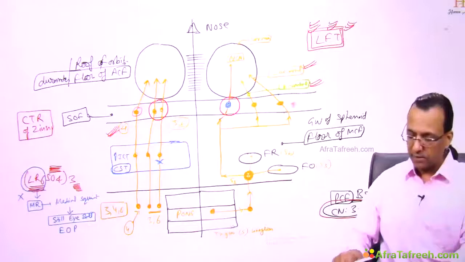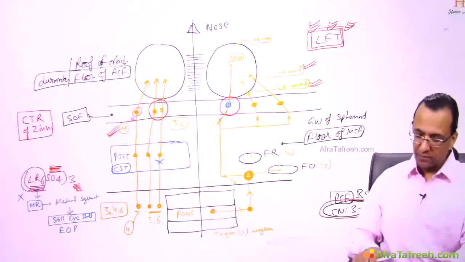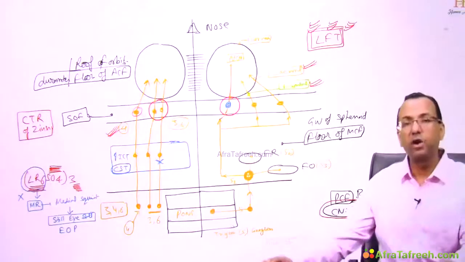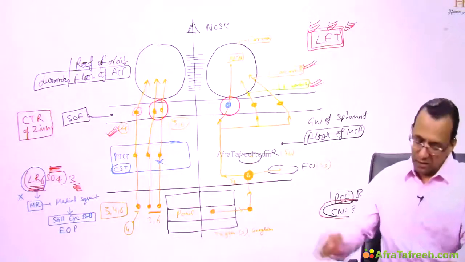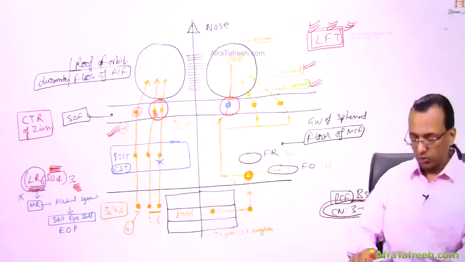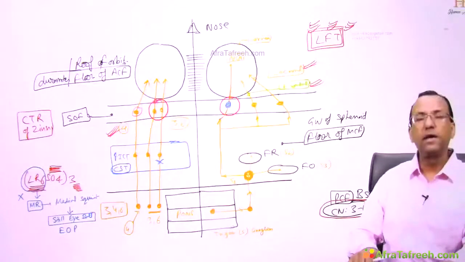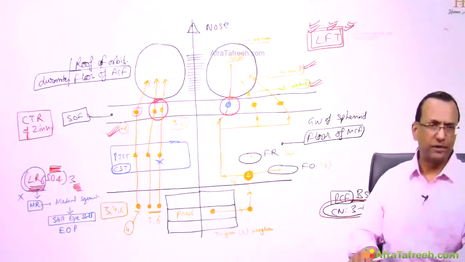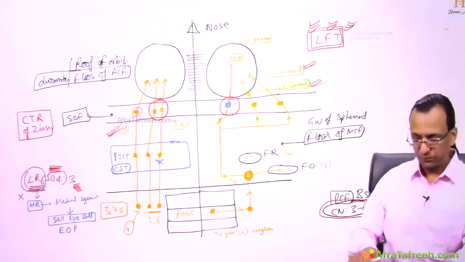L for lacrimal, F for frontal, and T for trochlear. We will see that in the diagram now. But remember, when the oculomotor nerve passes through the ring of Zinn, it would have already divided into 2 divisions. What 2 divisions?